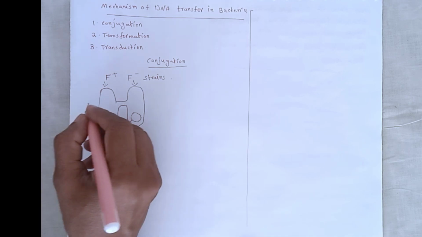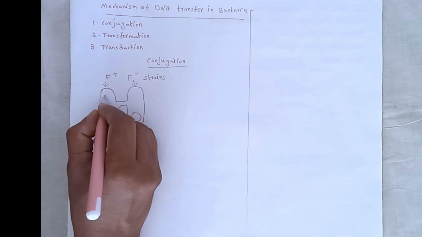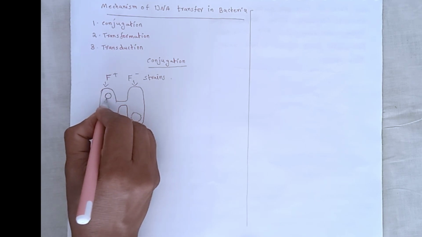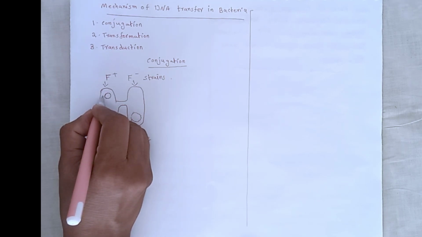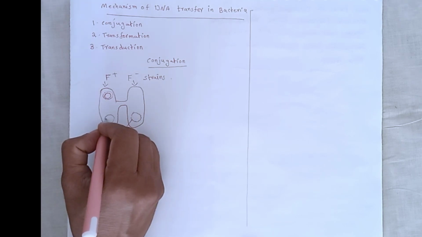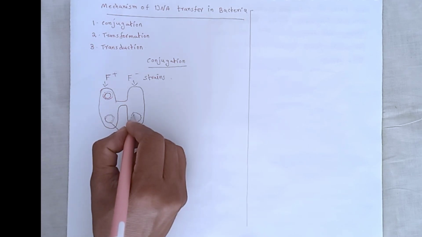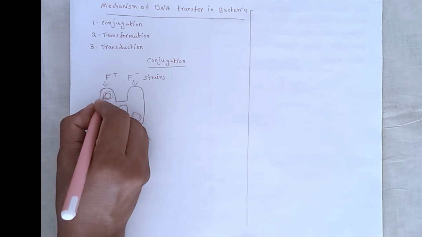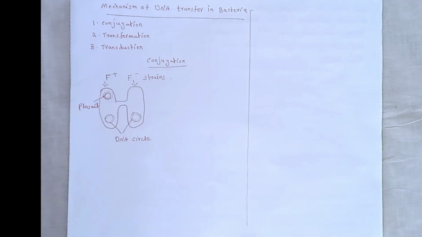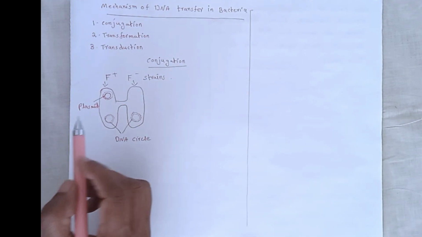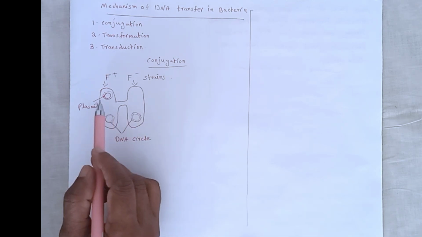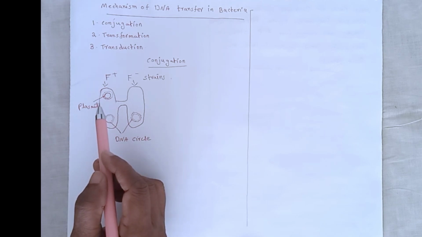But in the case of the F plus strain, there is an extra chromosomal DNA part, known as plasmid. Plasmid is an extra DNA part not included in the metabolism of the bacterial cell, so we can utilize the plasmid for our genetic studies.